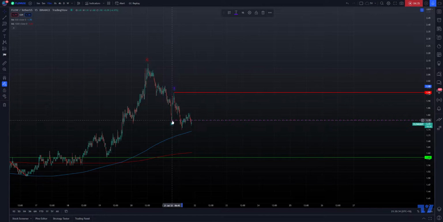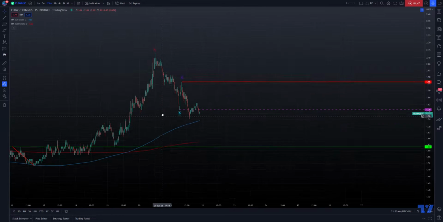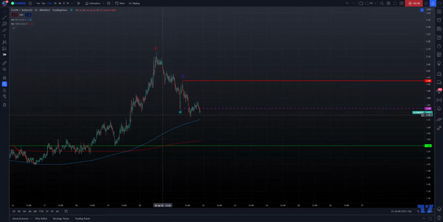This is the confirmation of a breakdown, the magenta line, which is the start of wave E. And then I expect a continuation to the downside from this point. Okay, now I could be wrong, but like anything when it comes to trading, you got to look for opportunities and take them as they come.